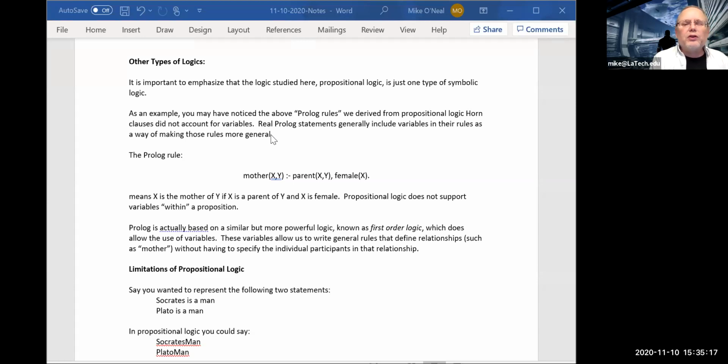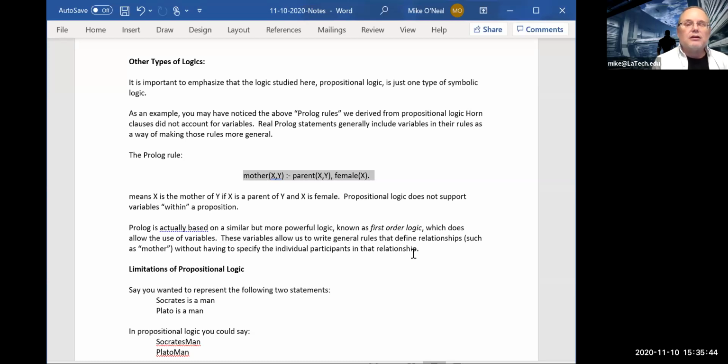If you wanted to look at a real Prolog rule, a real part of a Prolog program, you might run across a statement like this. What is that statement saying? It's saying X is the mother of Y if X is the parent of Y and X is female.